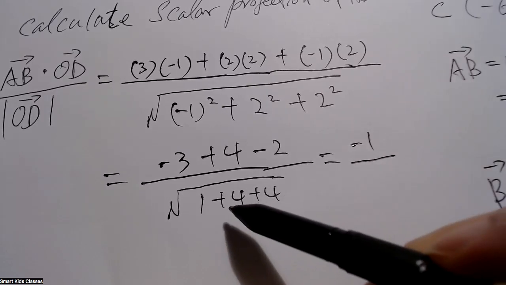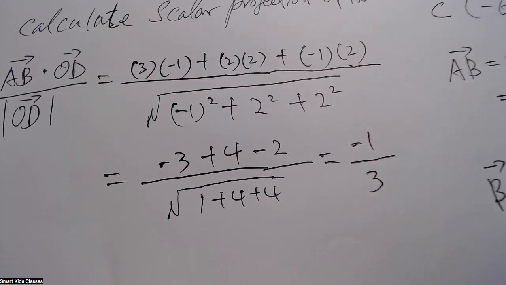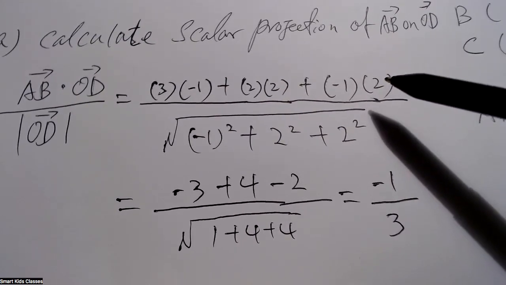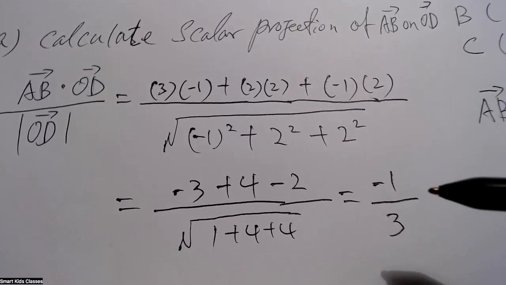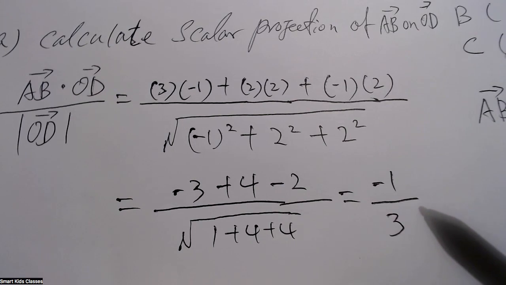And here is 9. The square root of 9 is 3. That's how we got the scalar projection of vector AB on vector OD. Good. Now we are going to do the vector projection for the second part.